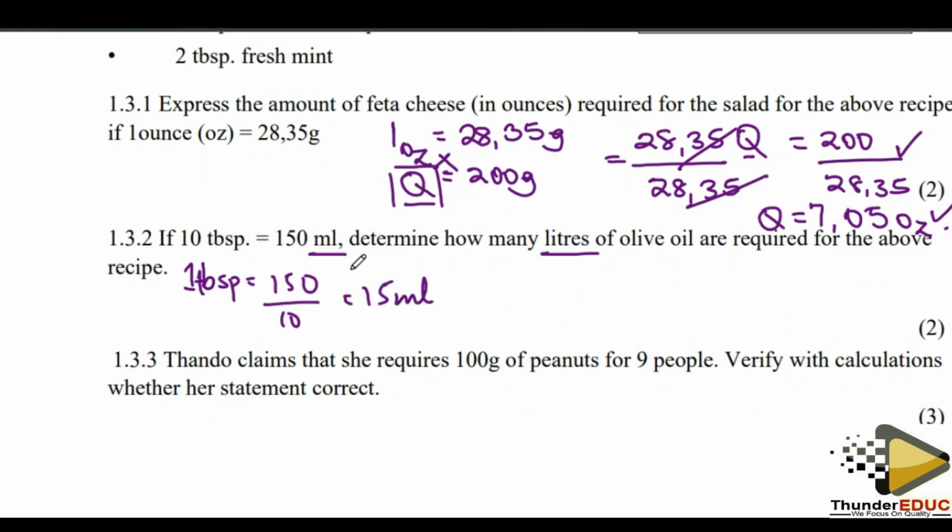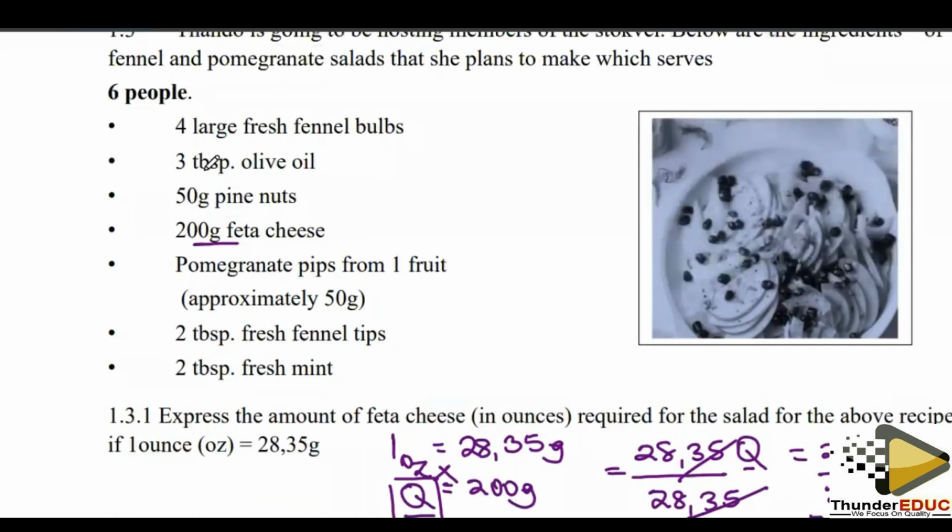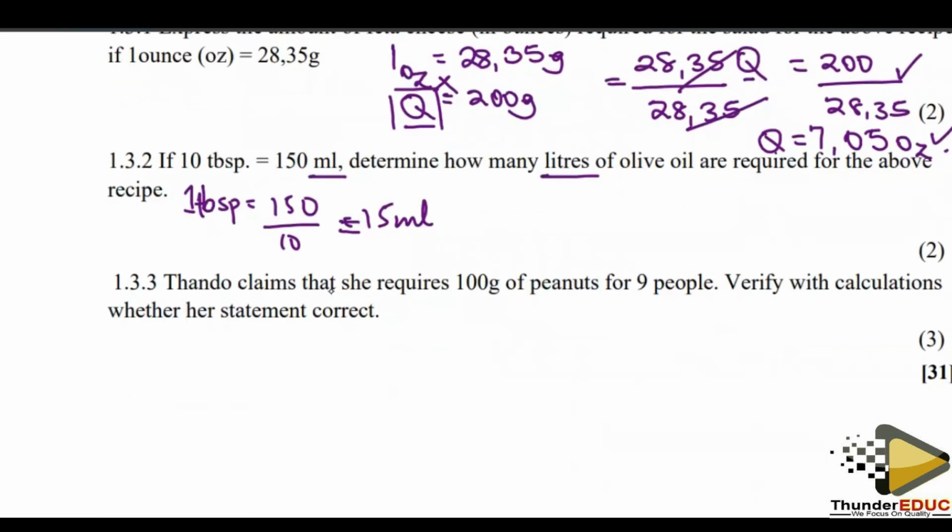So let's go to the recipe and we see. The recipe says olive oil, we need 3 tablespoons. So we shall multiply this by 3. You end up having 45 mL. They don't want mL, they want liters.